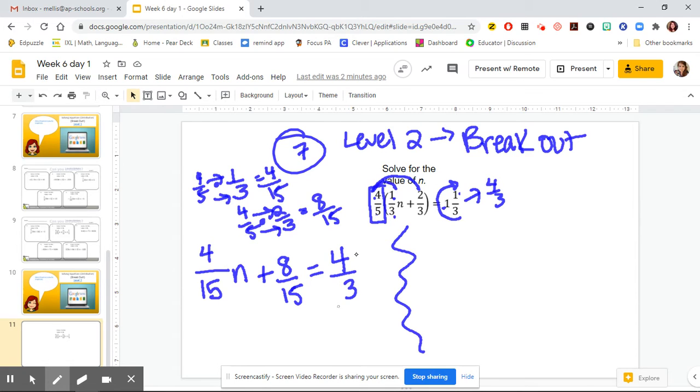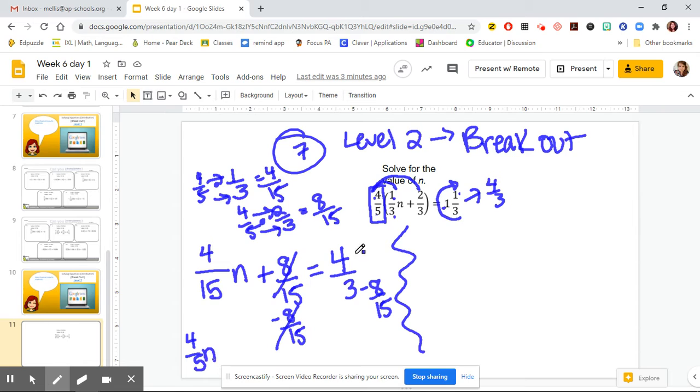Now, I notice that I can either subtract 8 over 15 from both sides, or I can get rid of my fractions completely. If I subtract 8 over 15 to the other side, we have to make common denominators, which gets really crazy.